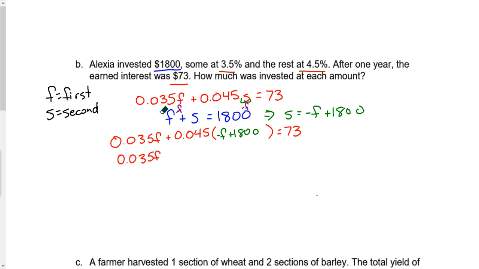That's going to be subtract. 0.045 by the 1,800 is 81.